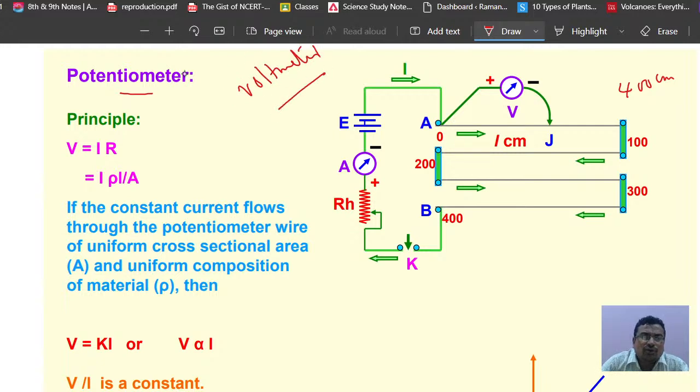Why do we need to use the potentiometer? The potentiometer is a device that works on the null effect. No current is drawn. The potentiometer is an ideal voltmeter used to measure potential difference or to compare the EMF of cells.